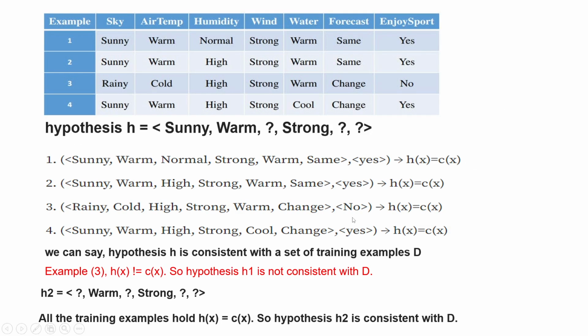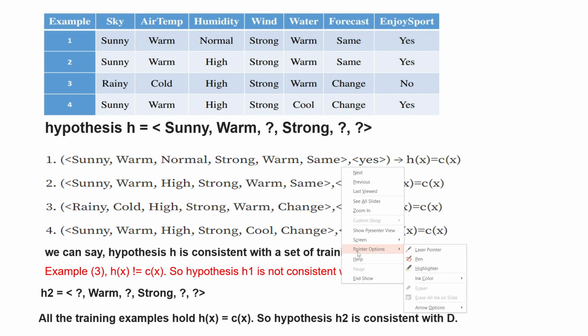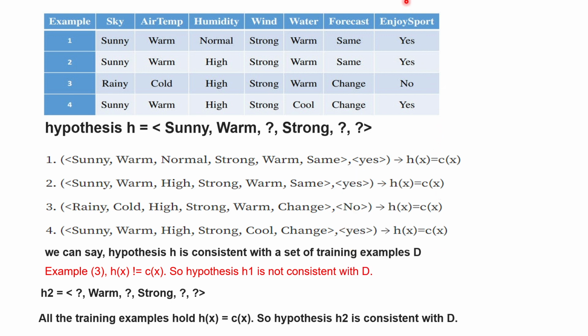Here is the given data set. As you can see, the last column is the possible result. It can be a positive example or a negative example. This last column is also called the concept. These are all the attributes, the features. Sky can be sunny or rainy.